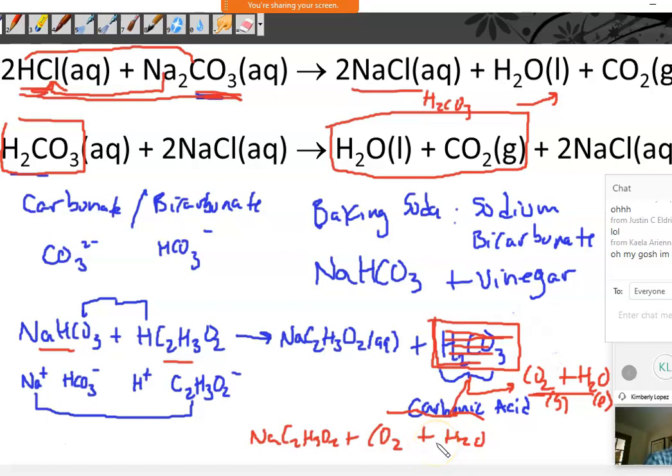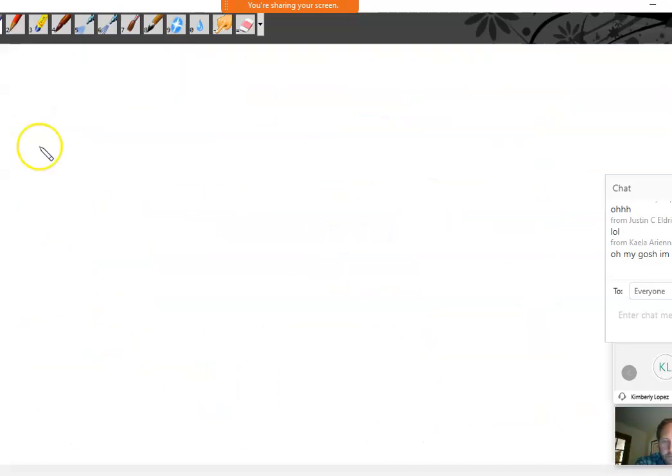So, let me see if I have a... So if we do something here, I'm going to clear this. Does everybody have that? I'm going to clear this. So let's say we take, not sulfuric acid, actually, I'm going to take phosphoric acid and add it to, let's say, potassium carbonate.